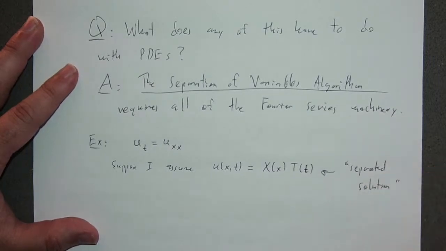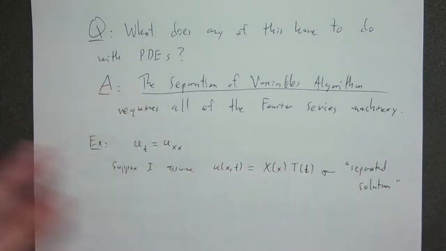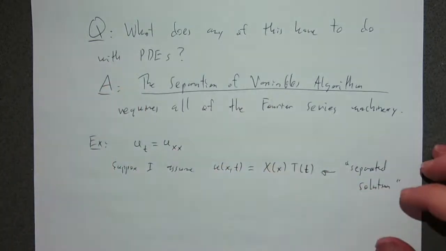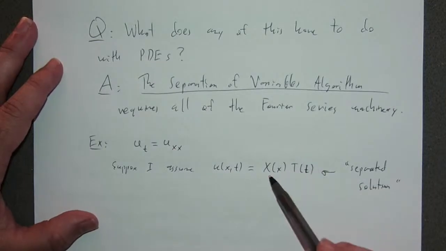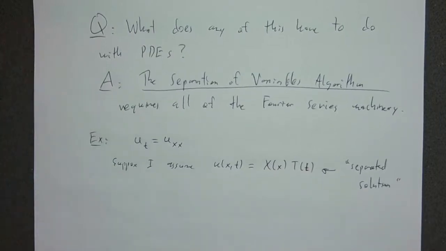And of course, it's separated in the sense that the variables x and t have been separated, hence separation of variables. They've been separated into a term where only x, this term big X, only depends on x, and this term big T only depends on t.